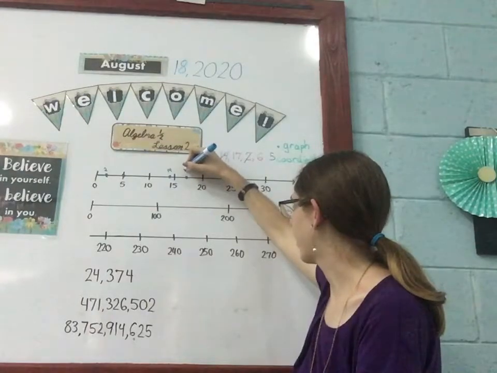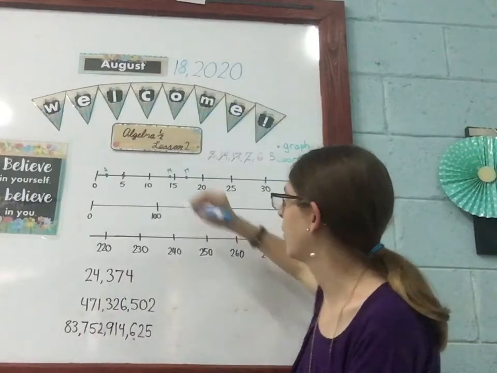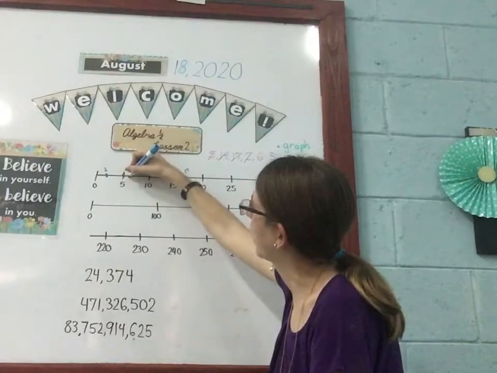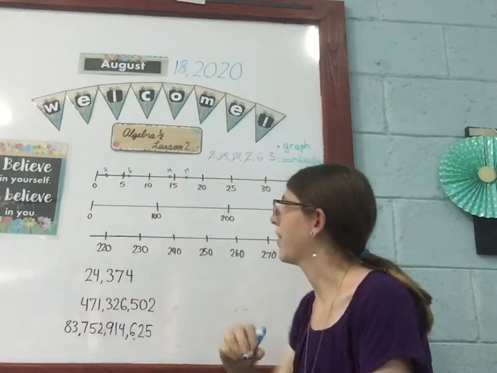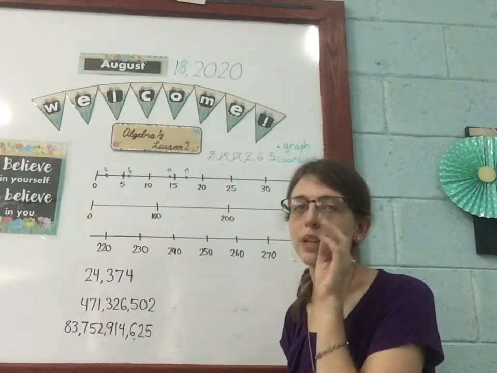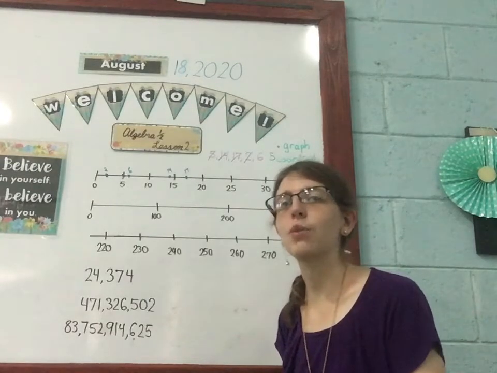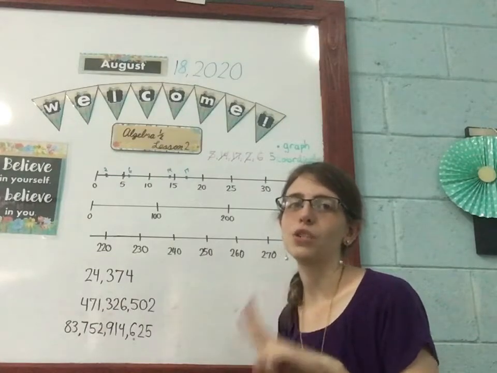So I'll put it right about there. And now I need to do 6. Well, that is right after 5. So right about there. Now I've graphed all of my numbers on a number line, which you will be asked to do on your homework. Now this is not something that you can check, so you're going to have to do these twice.